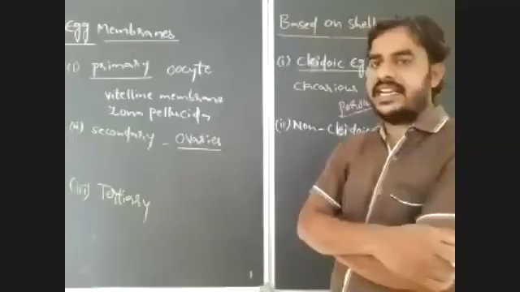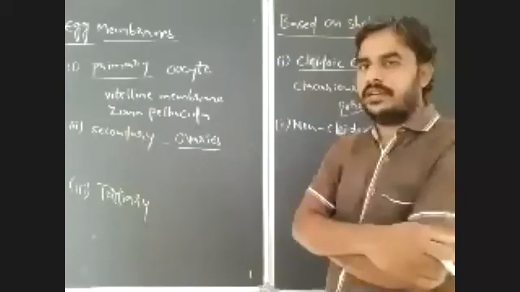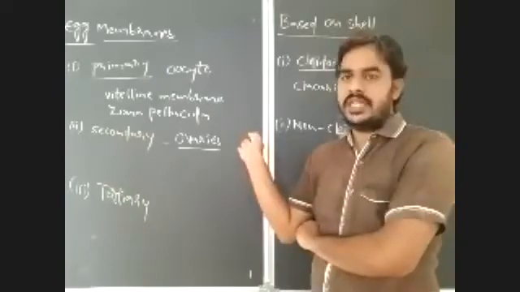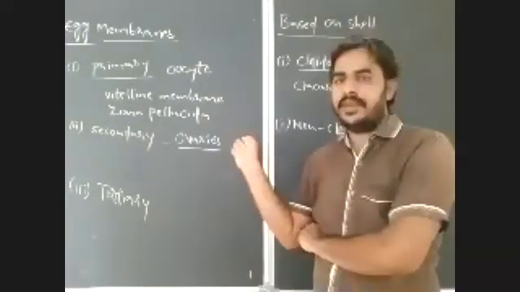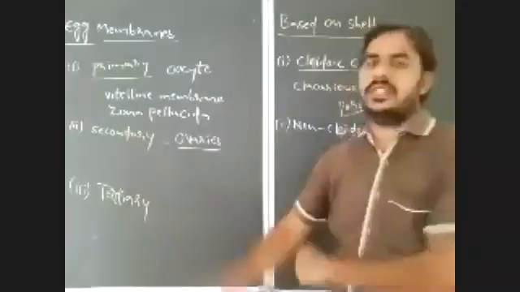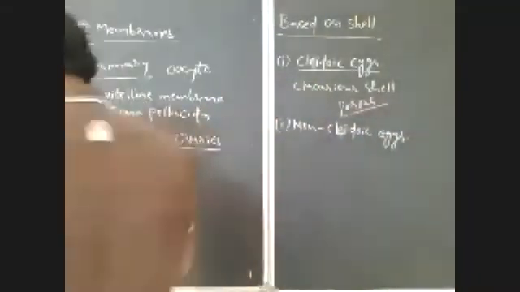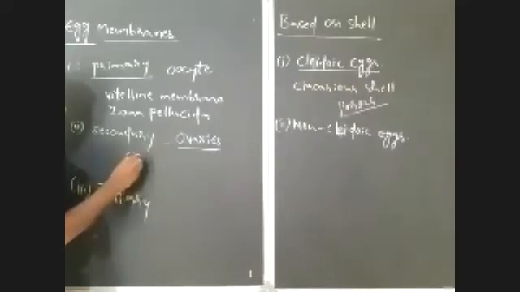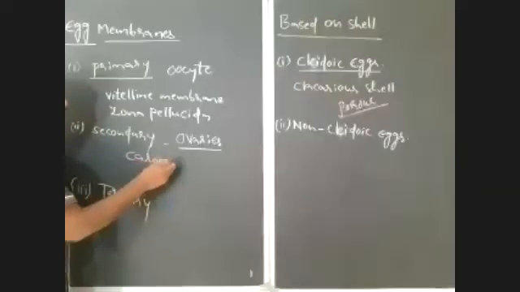Secondary egg membrane. What is secondary egg membrane? The membranes which are secreted by the ovaries are known as secondary egg membranes. And which is the secondary egg membrane secreted by the ovary in human beings? That is corona radiata.